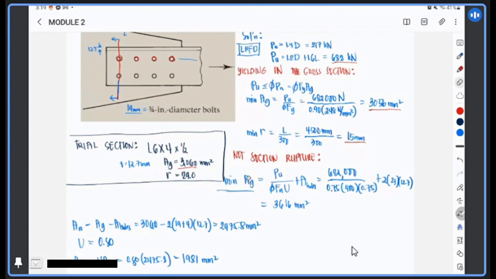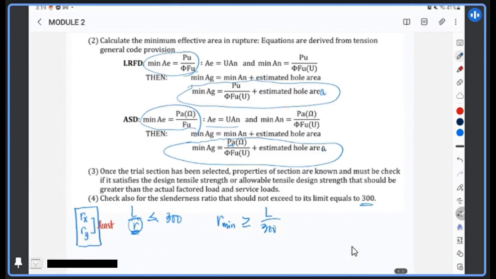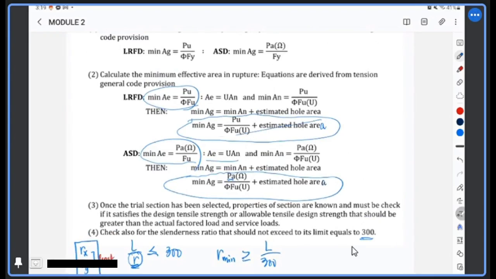We will not consider minimum Ag when we are referring to net section rupture. Okay, sorry guys. Mali na naman to. Dapat Ae pa rin yung kinocompute natin. The minimum Ae, okay, please disregard this. Tinopya ko lang kasi to eh. We disregard this.